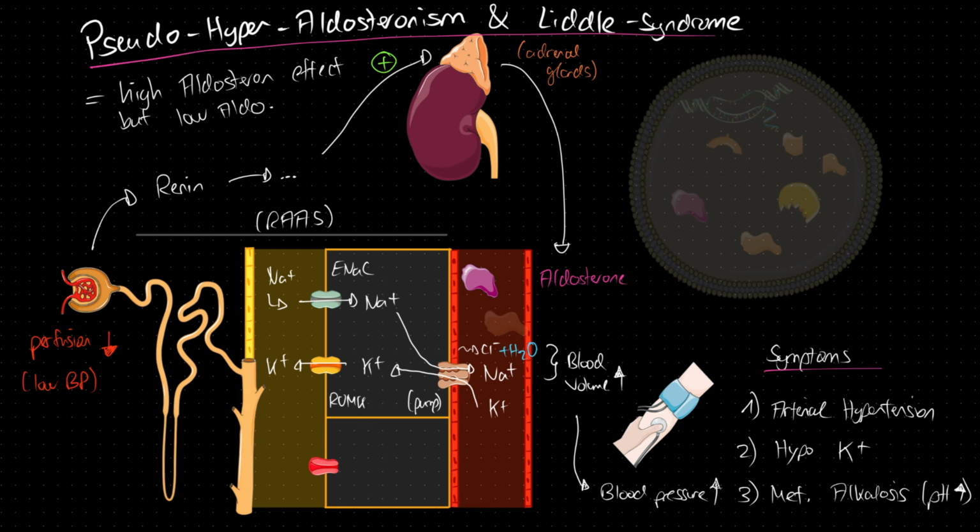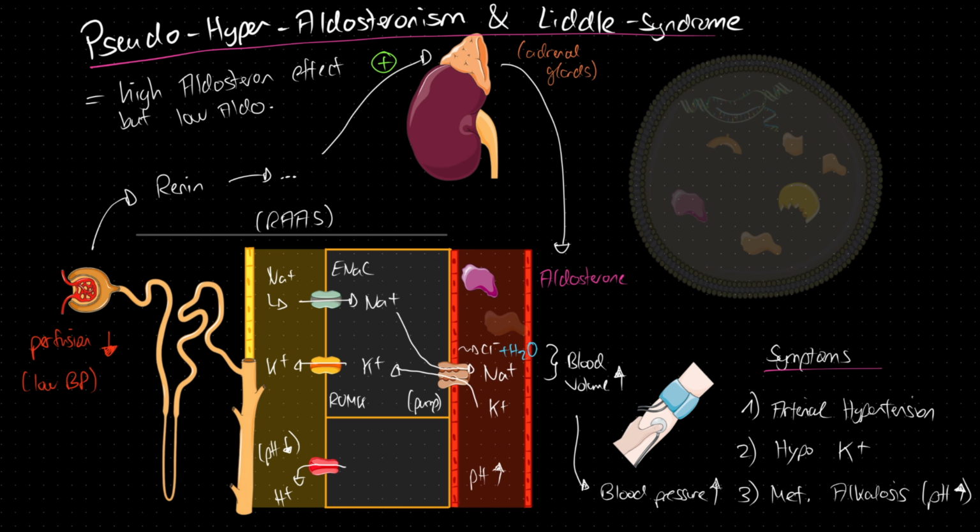What else does aldosterone do? It increases the expression of proton pumps in intercalated type A cells, which are also found in the distal nephron. This makes the urine more acidic and the blood more alkalotic. So aldosterone is usually affecting the homeostasis of blood pH. Why am I telling you all this?